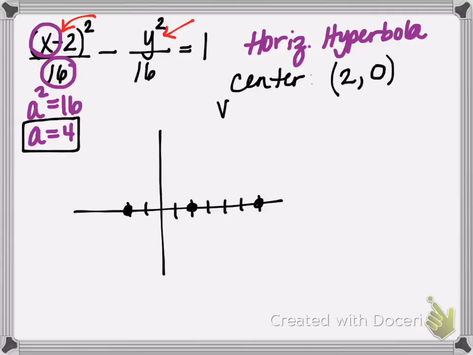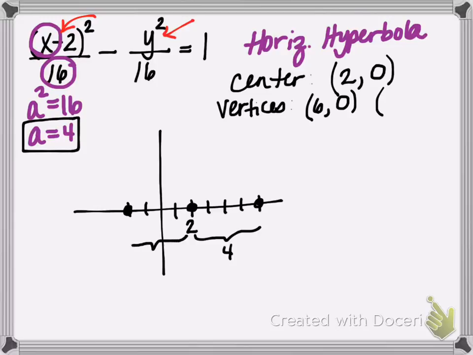So we could go ahead and label my vertices. So if we were at an x value of 2, but we just traveled to the right a distance of 4, then we know my new x value would be 6, and the y value hasn't changed. And likewise, if I'm at 2 and I travel to the left a distance of 4, that would be 2 minus 4, so my second vertex would be at negative 2, 0.